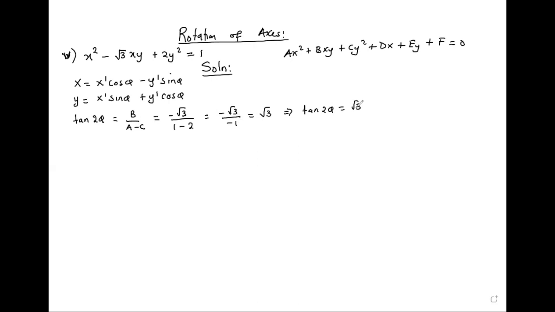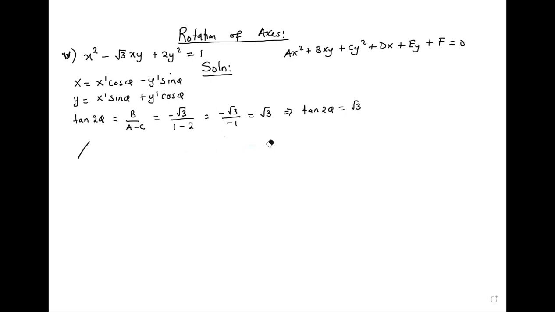We had a very good way of remembering the special angles: 0, 30, 45, 60, 90. You can use the table or you can use the triangles. Maybe we use the triangles.